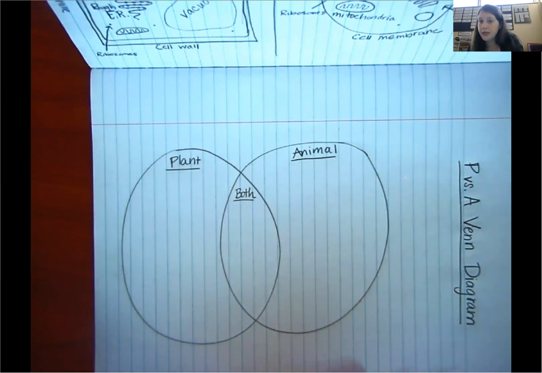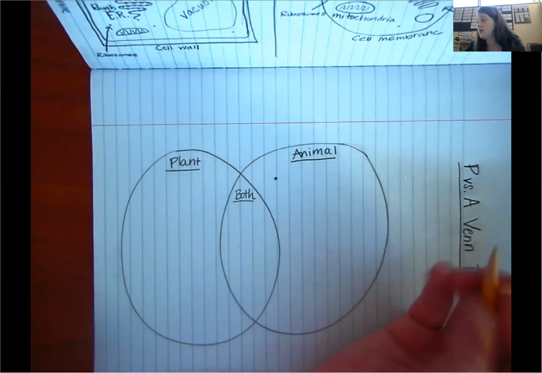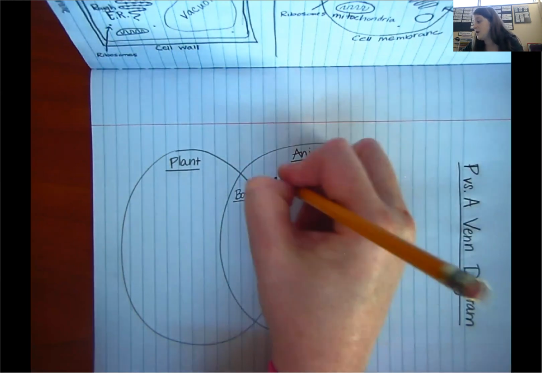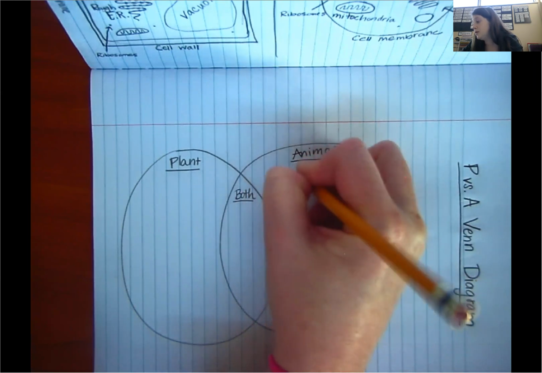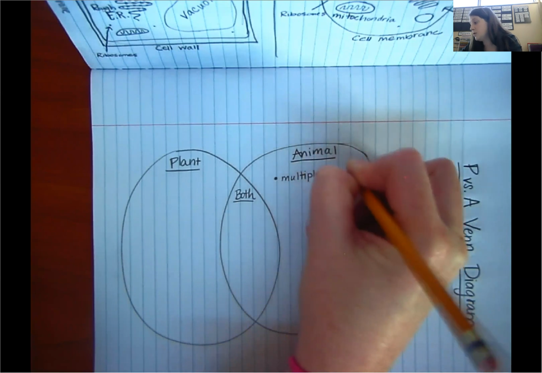You can do these in bullets. Don't feel like you need to make this epic list in full sentence form. Wow, you're not going to fit that. Keep it bullets. So I'll do one for you. One bullet for the animal cell side might be multiple small vacuoles.